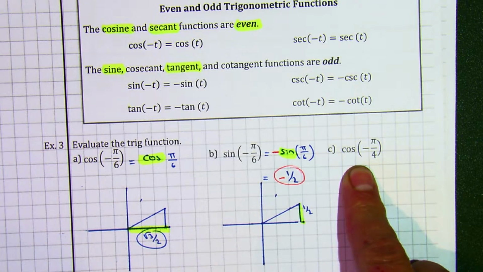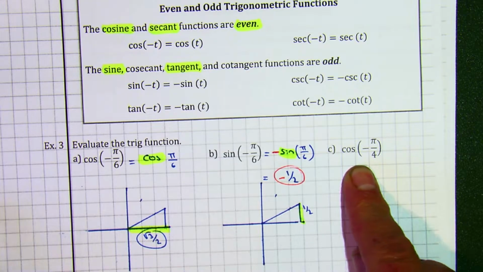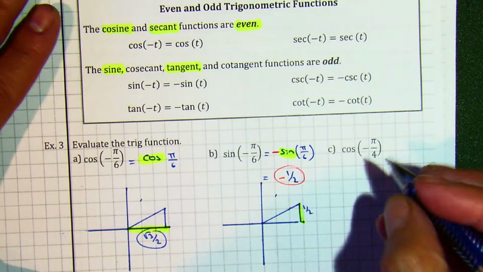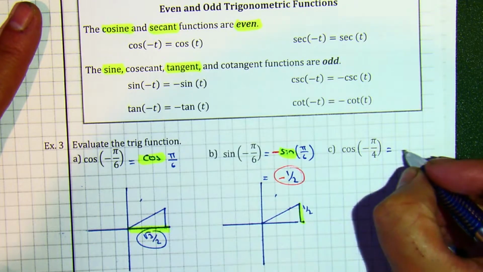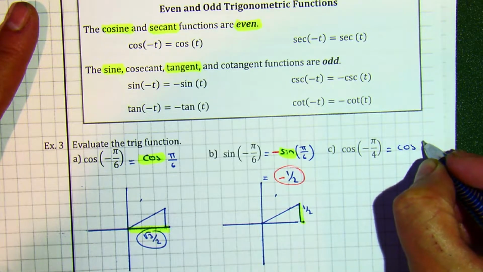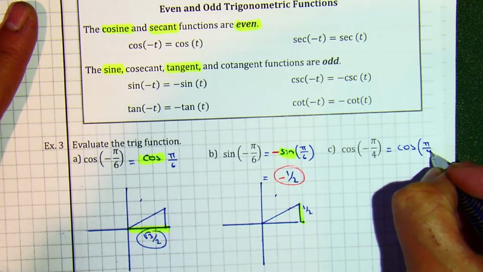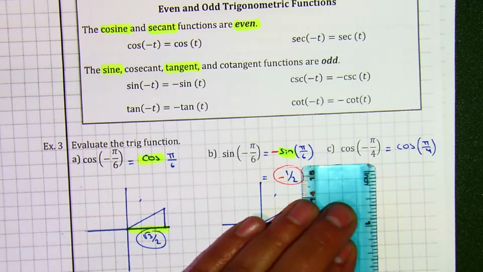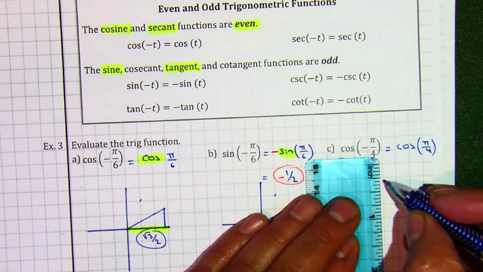How about for cosine of negative pi over 4? Well, cosine is an even function, so if I evaluate this, it will be the same as evaluating the cosine of pi over 4. It'll be exactly the same value. So therefore I'll place my x and y axis.